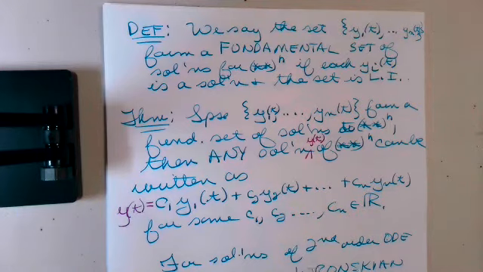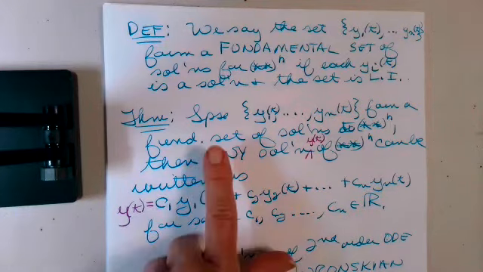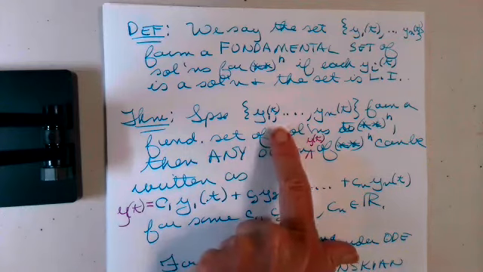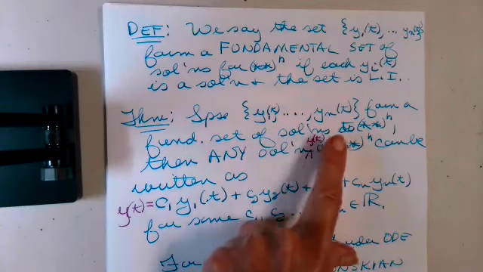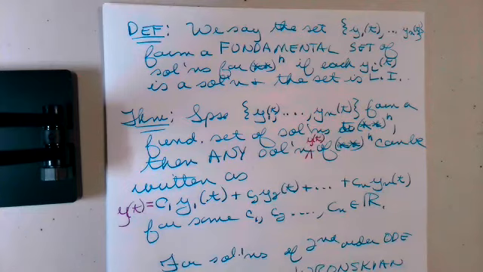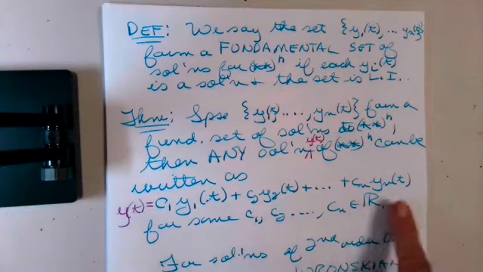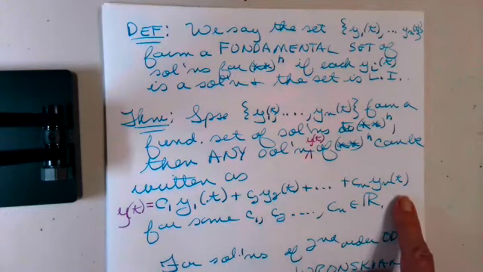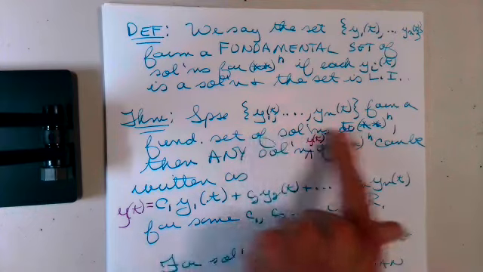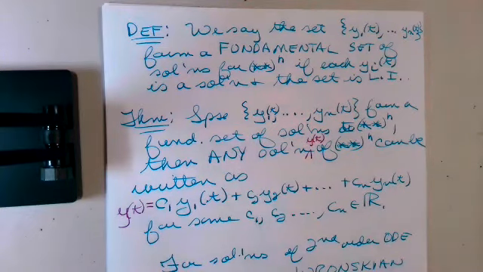Okay, so our theorem says that suppose you have a fundamental set of solutions. Again, that means they're all solutions and they're linearly independent to the problem I just showed a second ago. Then any solution of that problem can be written as a linear combination of those solutions. If you know a little linear algebra, a way to say that is this set of solutions spans the solution space.